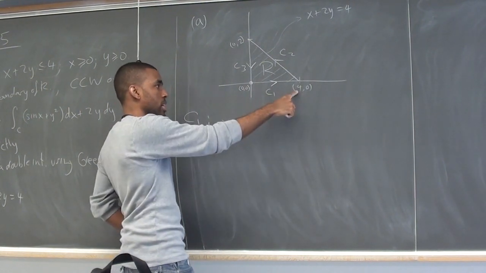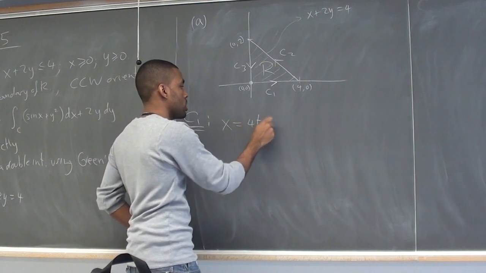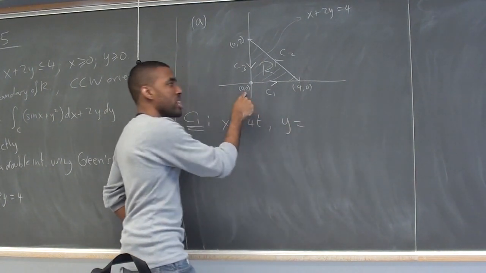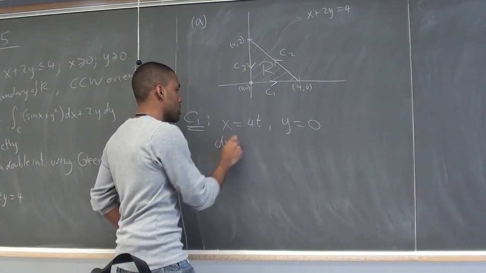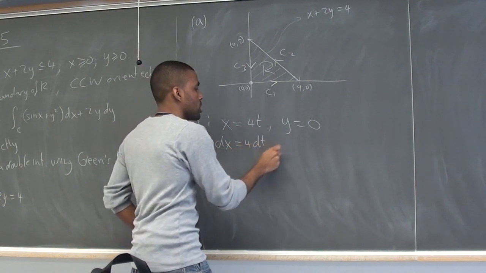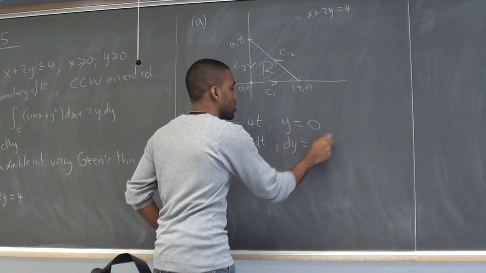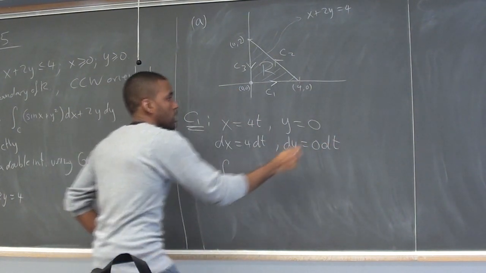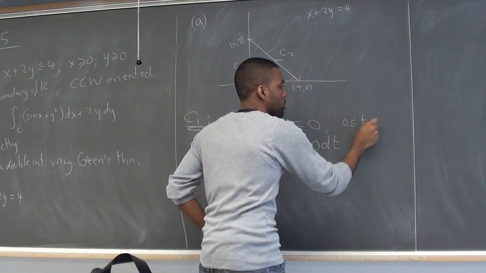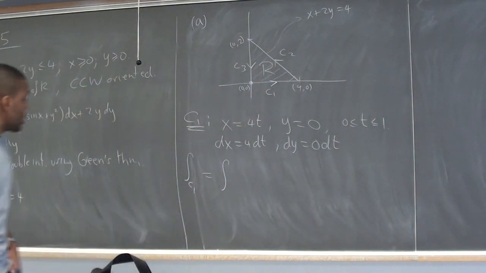You start at 0, you add 4 to get to 4, so it's just 4t. Your y is constant at 0. So your dx is 4 dt, your dy is 0 dt, and t goes from 0 to 1. I'm using the standard parameterization here.